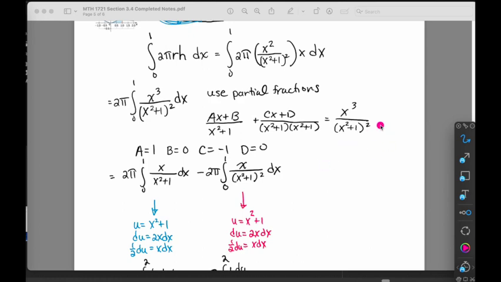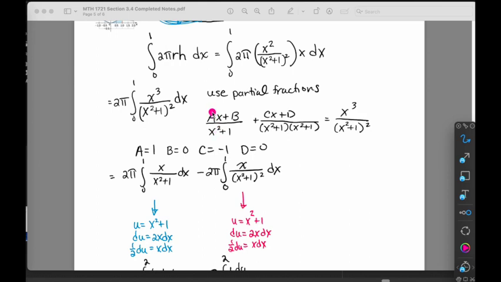Now I'm going to let you find the values for A, B, C, and D, and you can do those intermediate steps. But what you should get is that A is 1, B is 0, C is -1, and D is 0. So when we substitute those values back in for these fractions, and we split it up into 2 integrals, I have 2 pi times the integral from 0 to 1 of x over x squared plus 1.